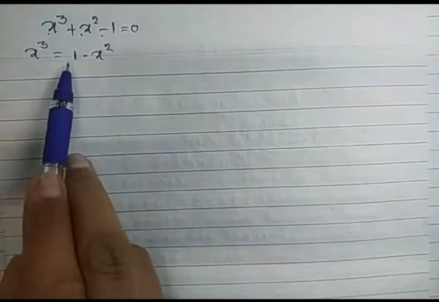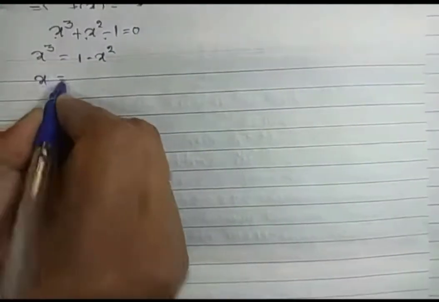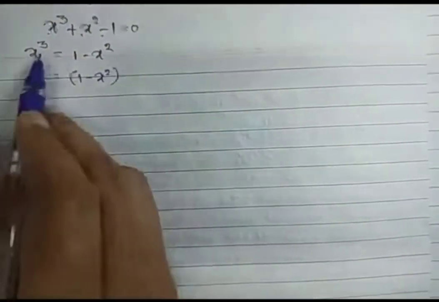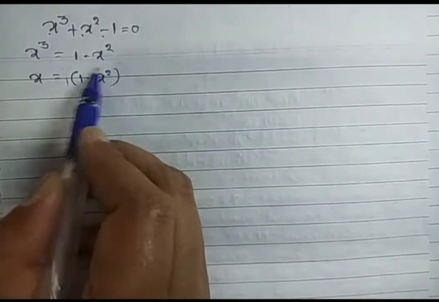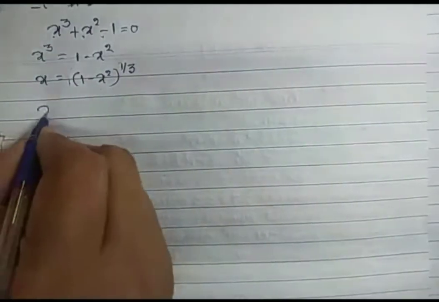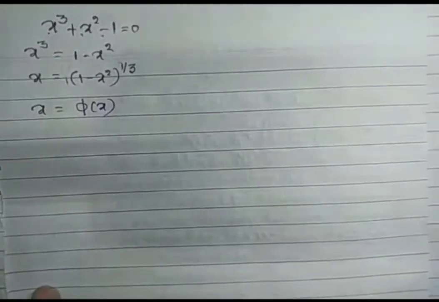So x cube is equal to 1 minus x square. Again, x is equal to 1 minus x square. Since we are replacing the cube, we will get the cube root, which we can write as 1 divided by 3. This is the first equation which we have converted in terms of pi of x.